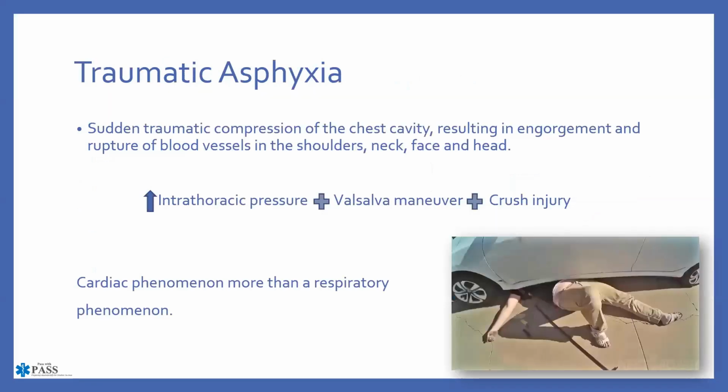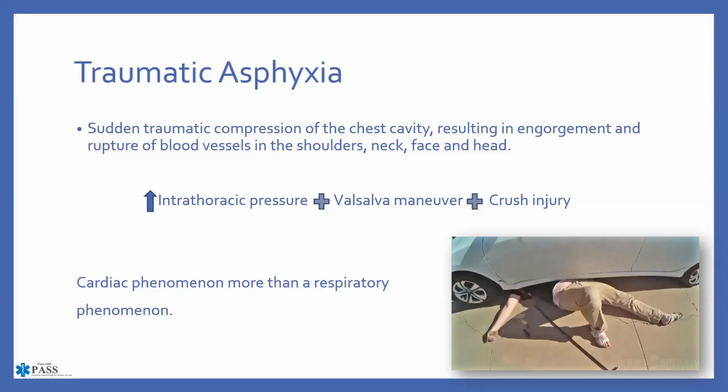So traumatic asphyxia is a little bit different. It's a sudden compression, and most of the time this is obviously going to be caused by trauma. An object like this that has fallen and is now compressing the chest cavity. When that gets compressed, the pressure starts to build up, and then you end up getting an engorgement of blood vessels in the shoulders, neck, face, and head. So all of those areas above the heart, they don't have the ability to return through that superior vena cava.